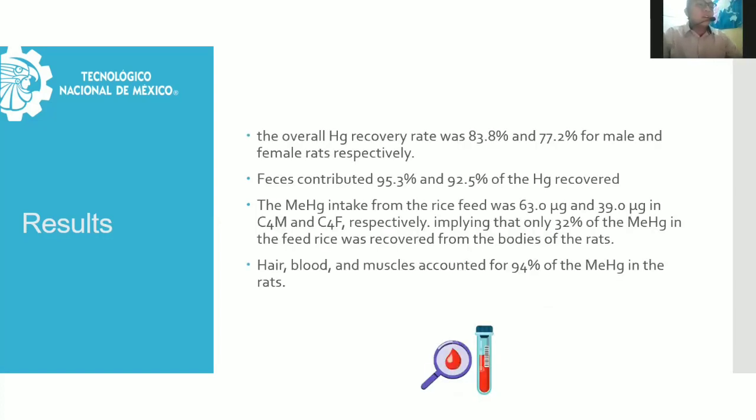The amount of mercury recovered was 83.8 in the case of male rats, and in the case of females it was 77.2. For methyl mercury, the recovery was 95.3 in the males and 92.5 in the females.